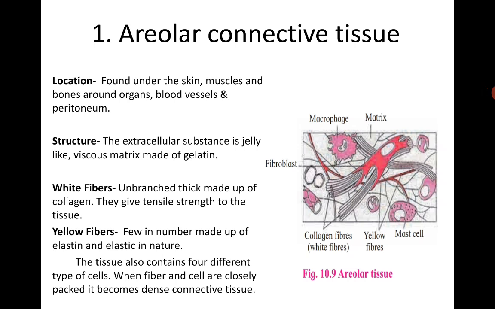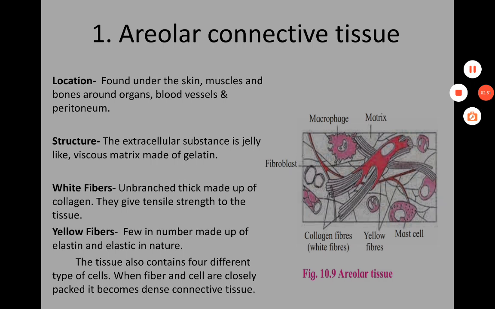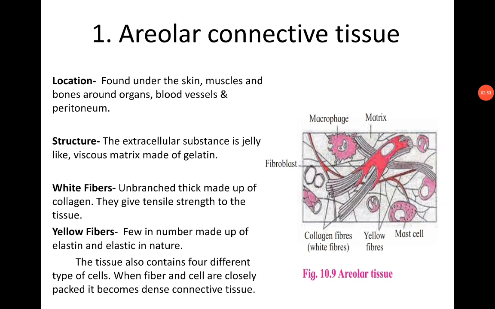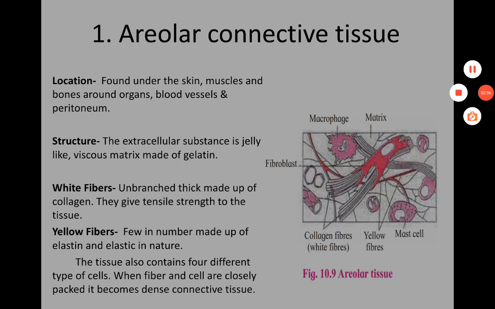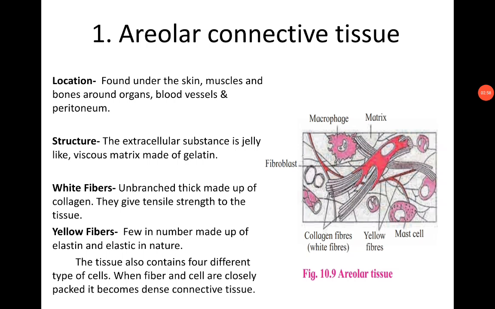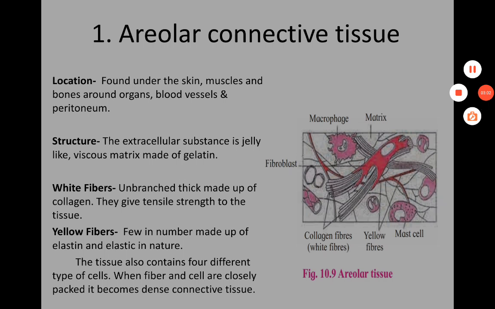The quantity of white fiber is large in number. White fiber is found in bunches. A large quantity of white fiber is present in the areolar connective tissue, as you can see in the figure.